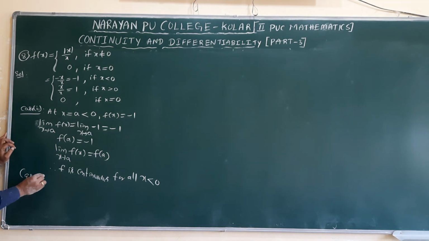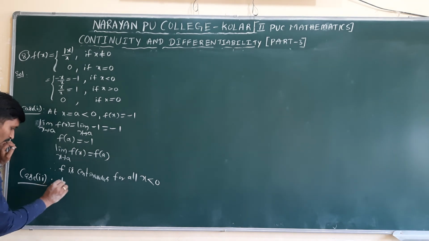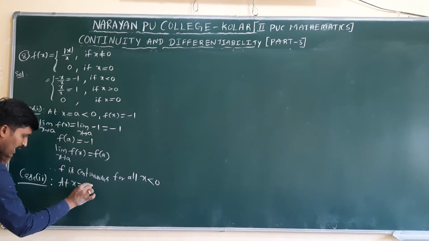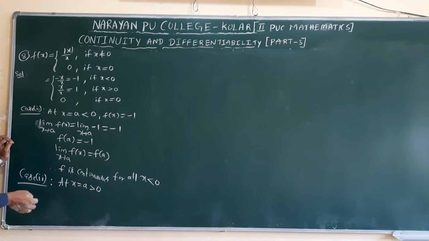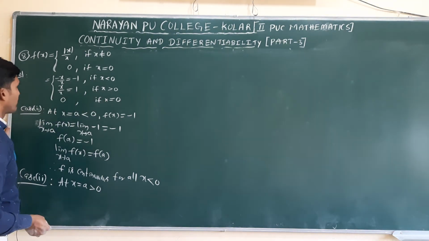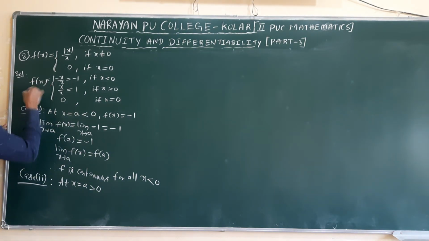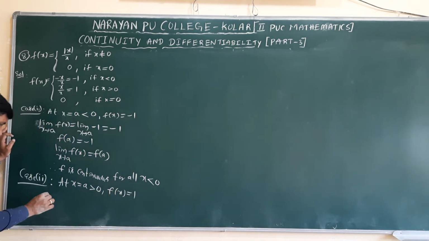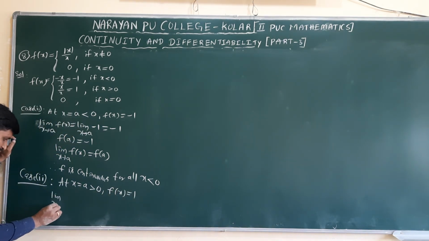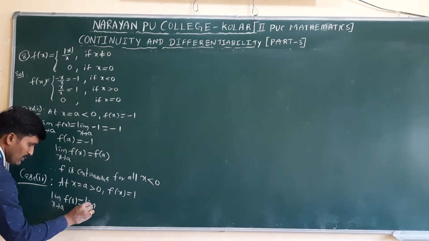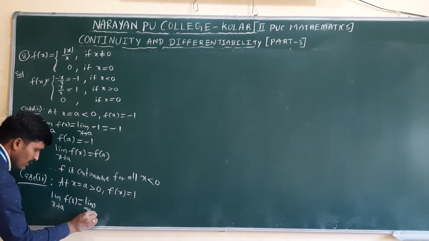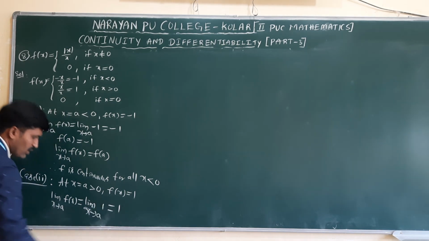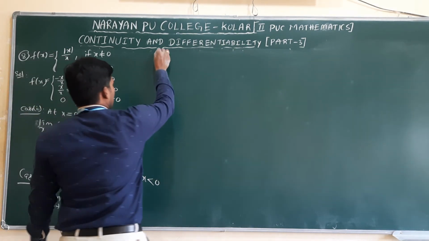Case 2. What is case 2 here? At x equal to a, which is more than 0. For more than 0, what is the function defined here? The function is clearly 1. It's a constant function. So here limit as x tends to a of f of x is equal to limit as x tends to a of f of x, what? 1. So 1 equal to 1 only you will get.